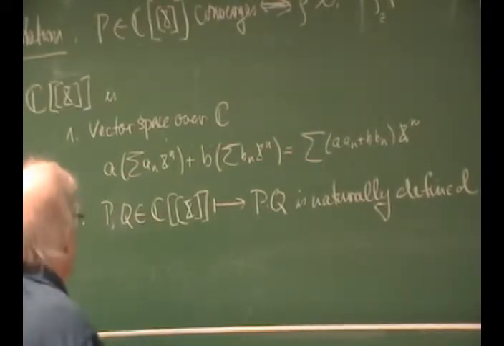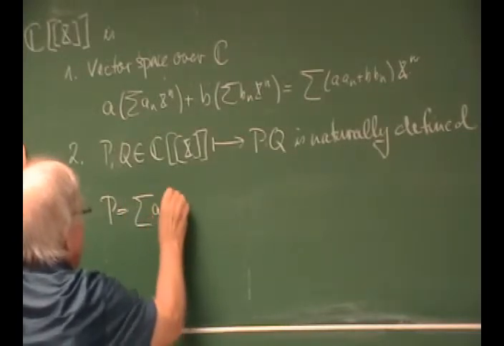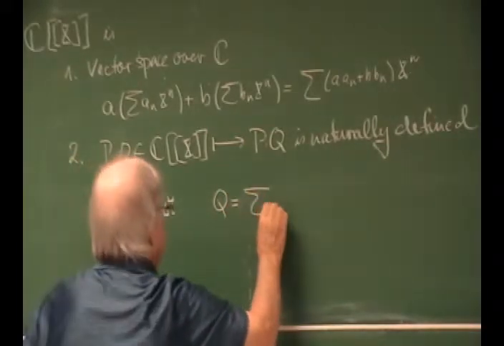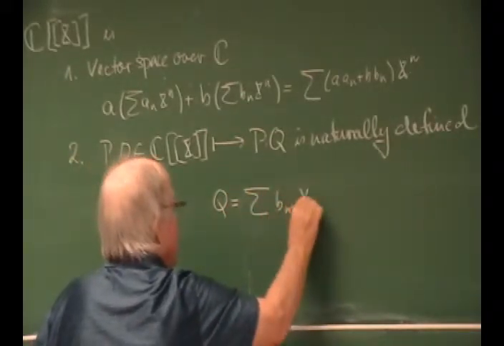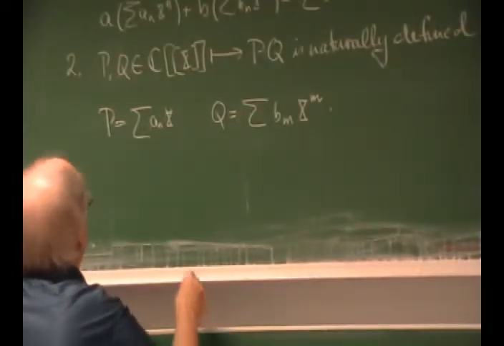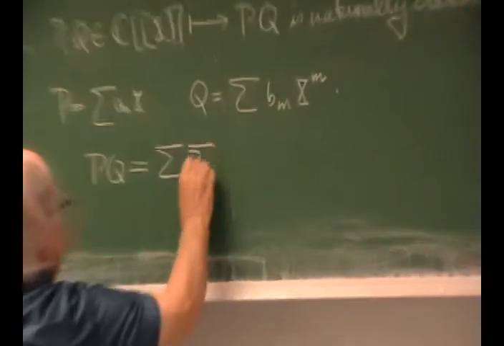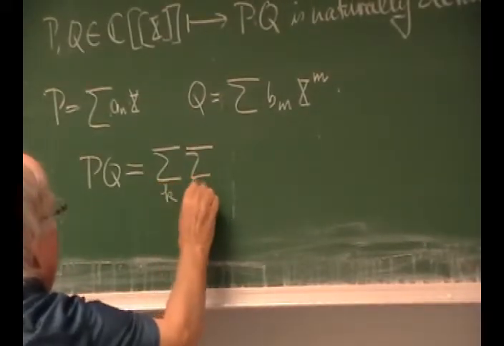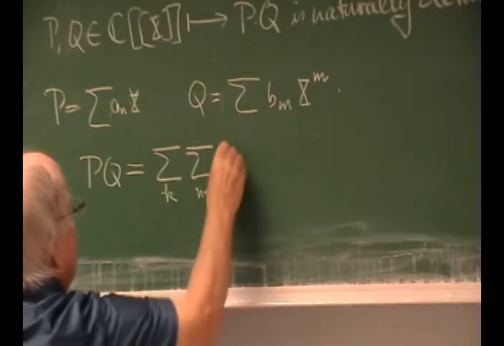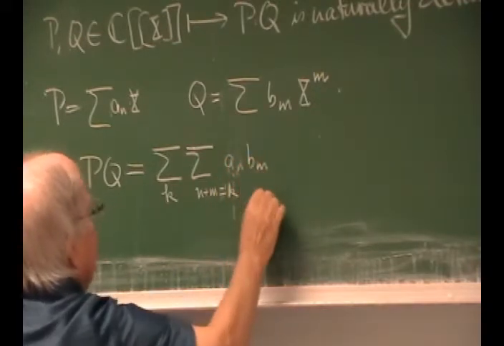So if P is equal to sum a_n x to the n and Q is equal to the sum b_m x to the m, and here's where you need to learn to work with coefficients, as physicists know very well, then P times Q equals sum over k of the sum over n plus m equals k of a_n b_m x to the k.